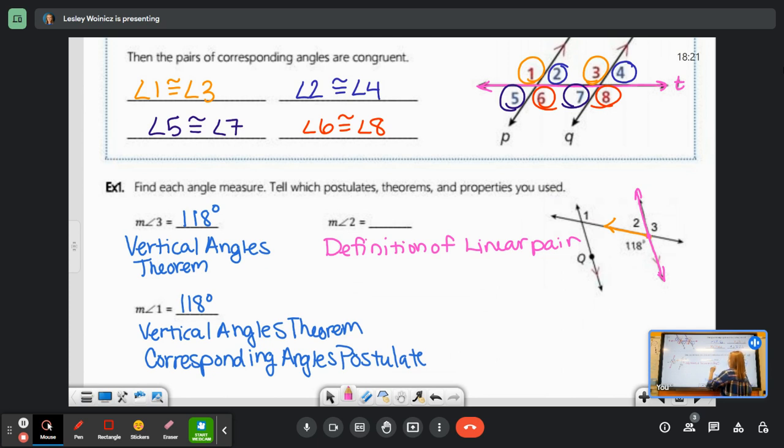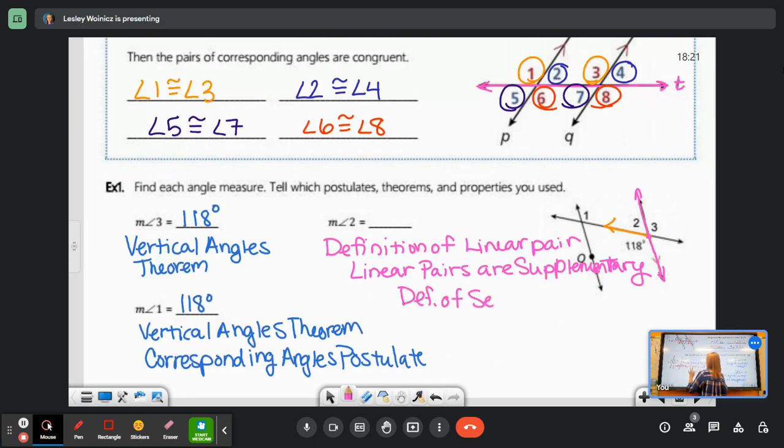Okay, we now know that linear pairs are supplementary. We also know the definition of supplementary says that the measure of angle 2 plus 118 degrees has to equal 180.